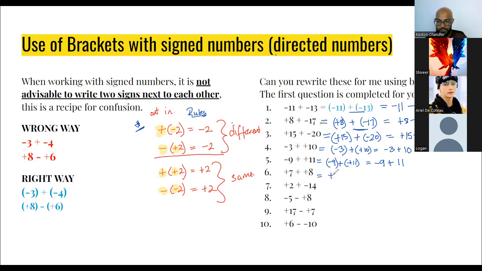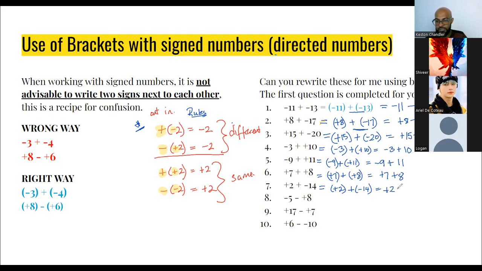This one, brackets to make it look nice and neat. Brackets here again. Then we're going to resolve the signs. This is a +7. Plus and plus are going to get a +8. Everybody good so far? Yes, sir. All right, +2 plus open brackets -14. Right, +2.